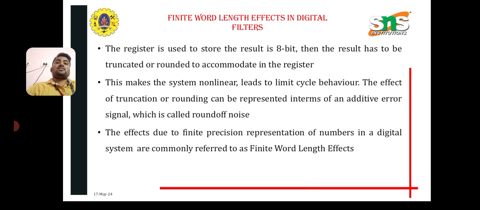Unlike analog systems that can represent numbers with infinite precision, digital systems must approximate real world values to fit within the constraints of binary representation. This approximation introduces error, commonly known as finite word length effect, which can impact the performance and accuracy of digital computations.